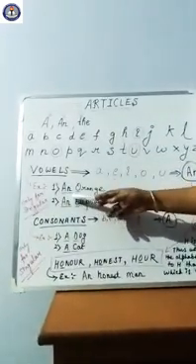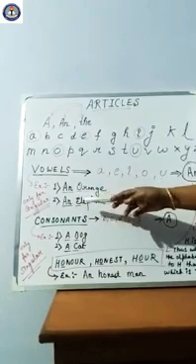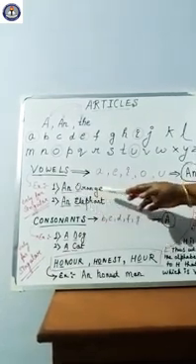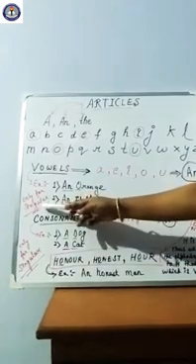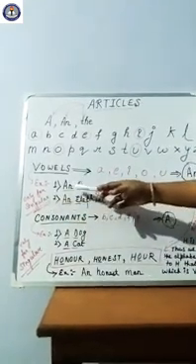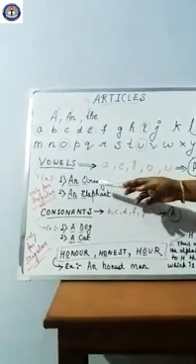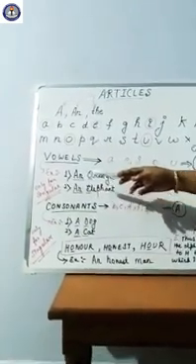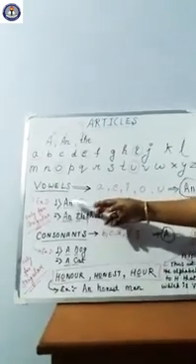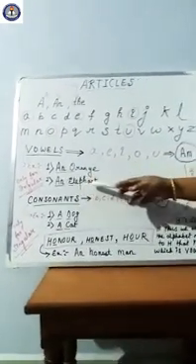Okay, clear? And An is used only for singular. Okay, we cannot write an oranges or an elephants. We should write an orange, an elephant.